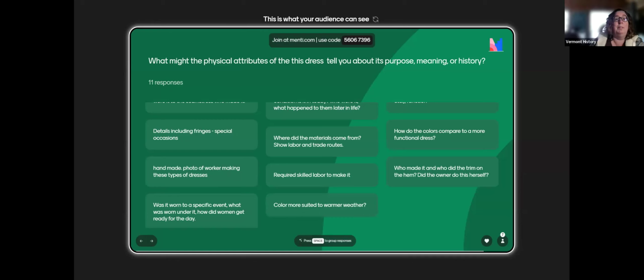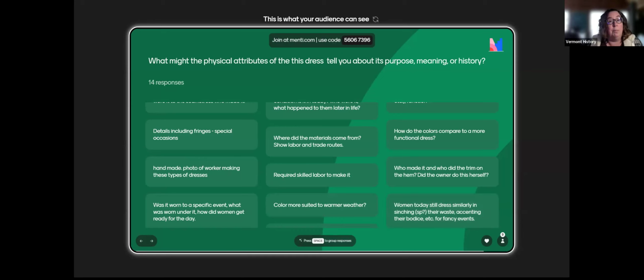I want to say this prompt, again, is a very specific question prompt, but the idea behind it is looking at the physical aspects that can bring this kind of information. Again, this is another way you can ask questions and collect information as you're thinking about the artifact and what story you want to tell, and say, how do I tell the story? Well, what do the physical attributes tell me about it? What can I learn from those?